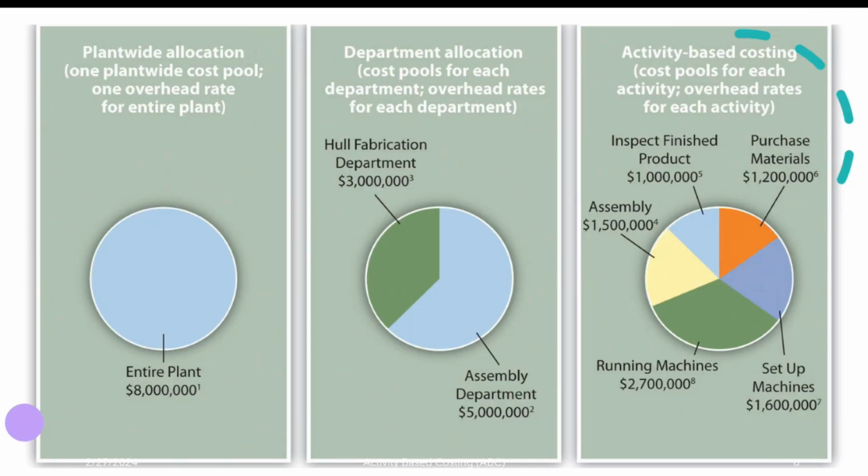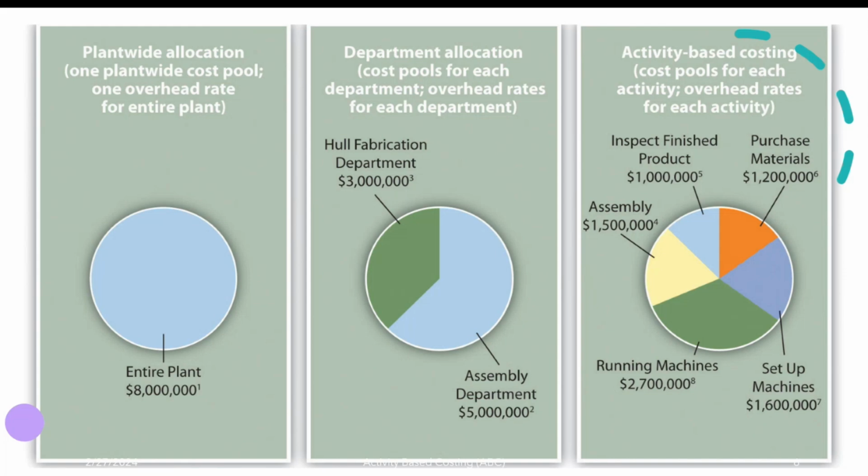In this example, you can see a relationship comparison between ABC costing and other types of costing. If overhead is incurred and then taken by the entire plant, the entire factory, then it would look like the first pie. Okay, there's no distribution here. And if it's departmentally allocated, then different departments might have different proportions of this pie.